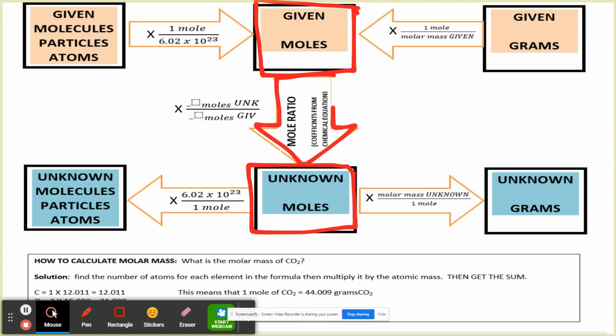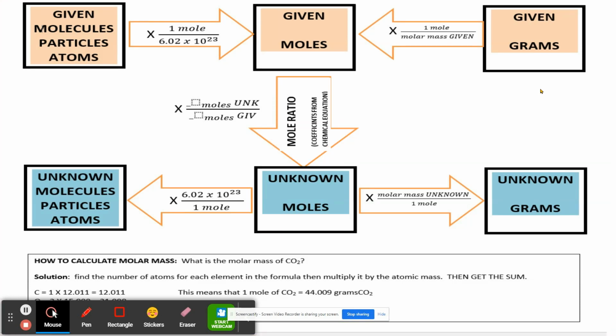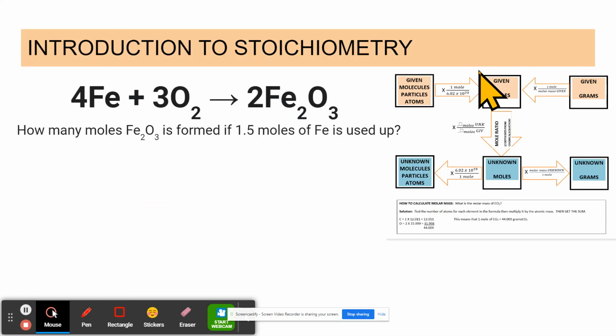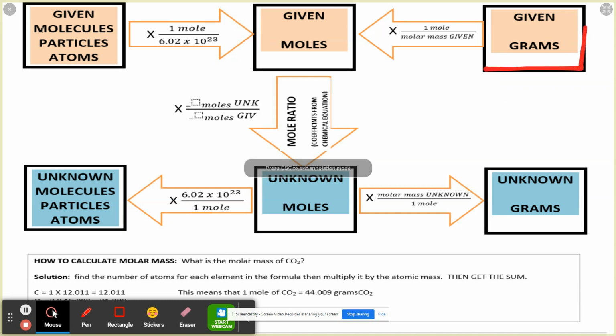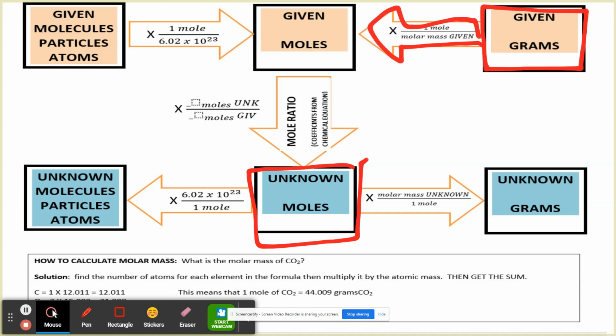Then we started off with grams, which was this box right here, and we ended up with moles right here. So essentially, there were two conversion factors, two steps to solve the problem.